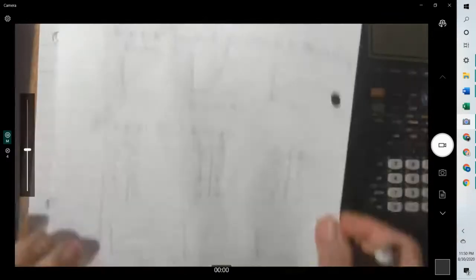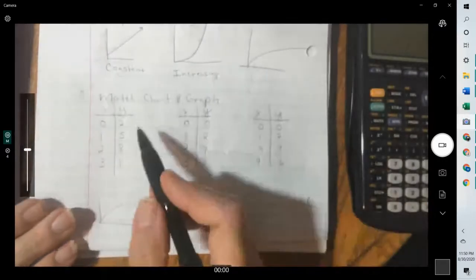You can also tell a graph by looking at the charts. And again, kind of like we did up in this problem, you have to find your slopes or rate of change. But look at this, these are all growing by 1.